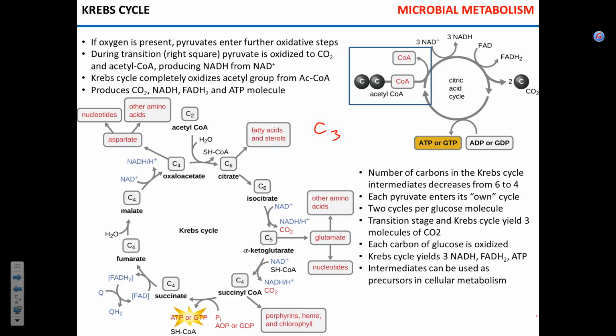Do we have that step here? No. Well, I will have to picture it myself. Pyruvate becomes oxidized. So pyruvate, how many carbons? 3. It becomes oxidized and forms acetyl-CoA. How many carbons?